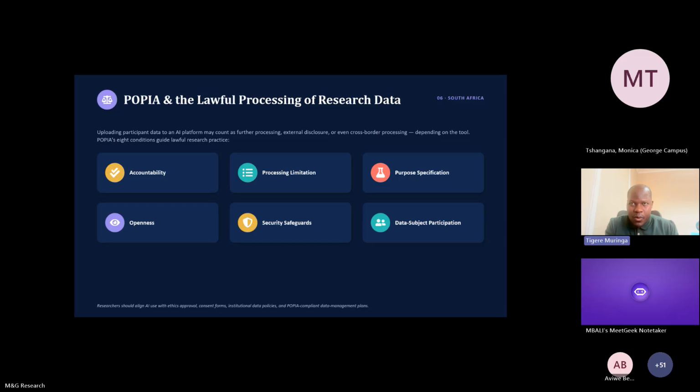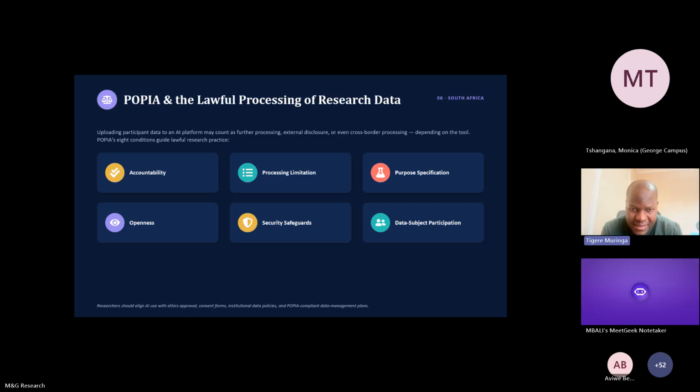So we are saying uploading participants' data to an AI platform may count as further processing, external disclosure, or even cross-border processing, depending on POPIA's 8 conditions that guide law for research practices.